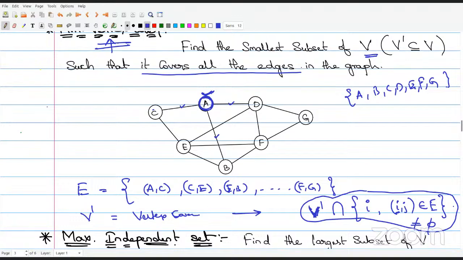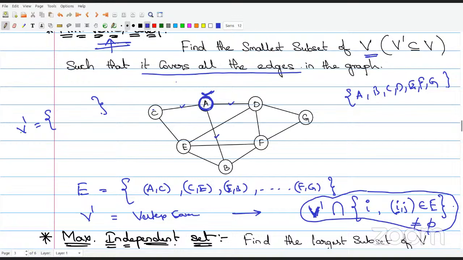It's not minimally. You have to give me one vertex subset such that if I pick any edge, if I pick edge DF, at least D or F should be in my V dash. Like this, if I pick FG, at least F or G should be in my V dash.